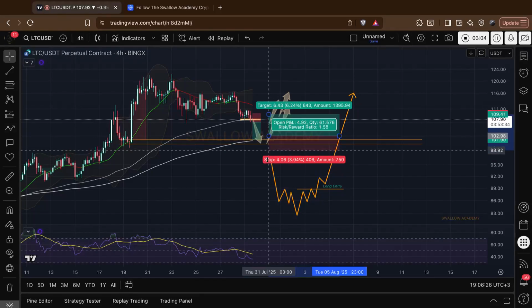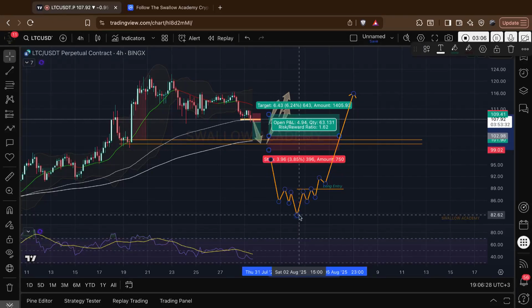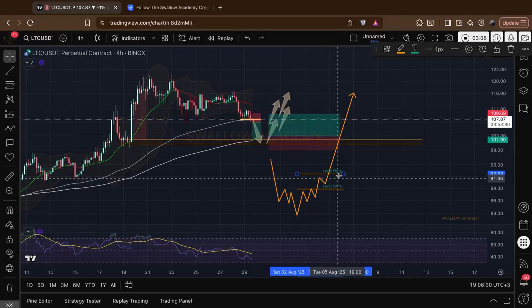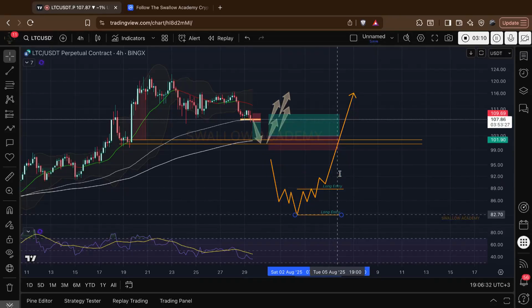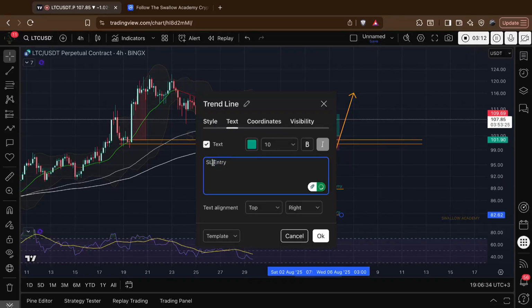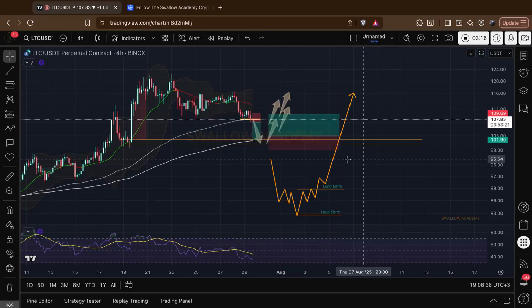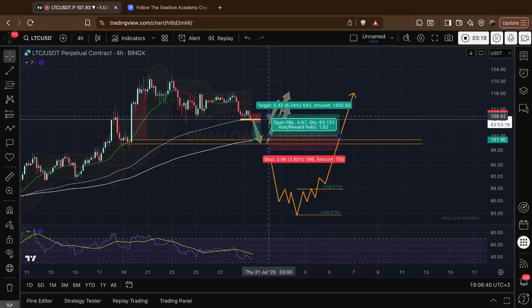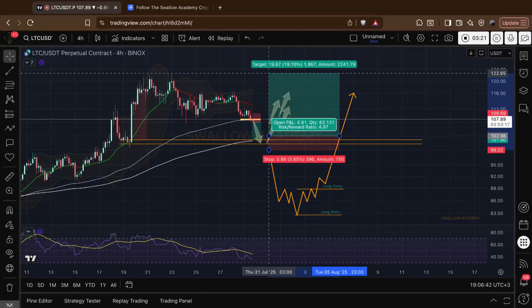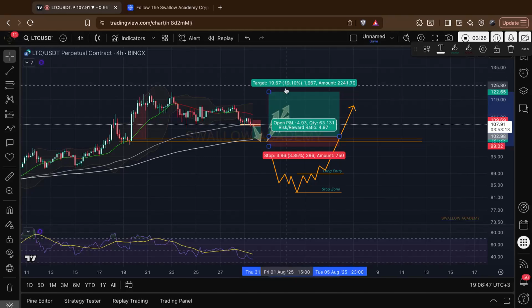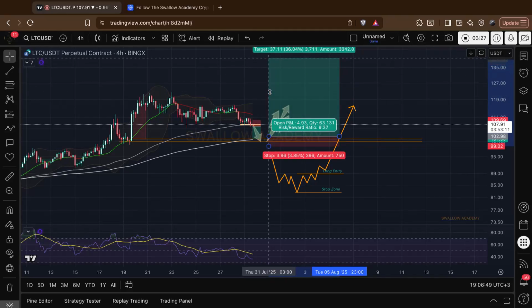Now the stop loss in this case has to be near this area. So if this is the entry, then this is the stop loss for us. So SL, let's put the stop zone, leaving it approximately here, and the target would be first one here, so $122, and the secondary target, the last target, would be $140-ish.